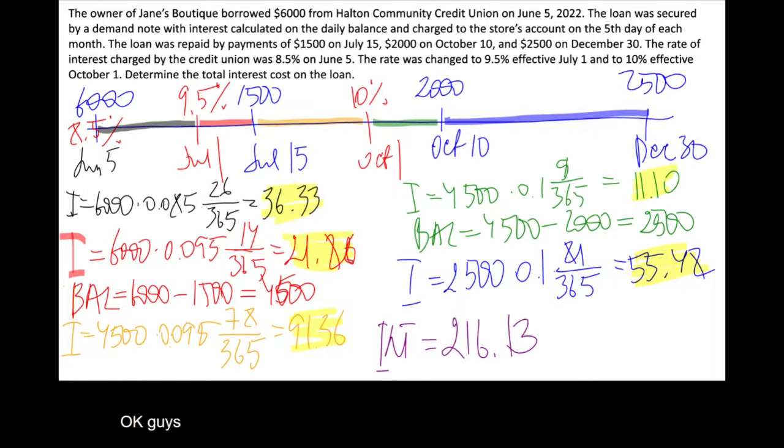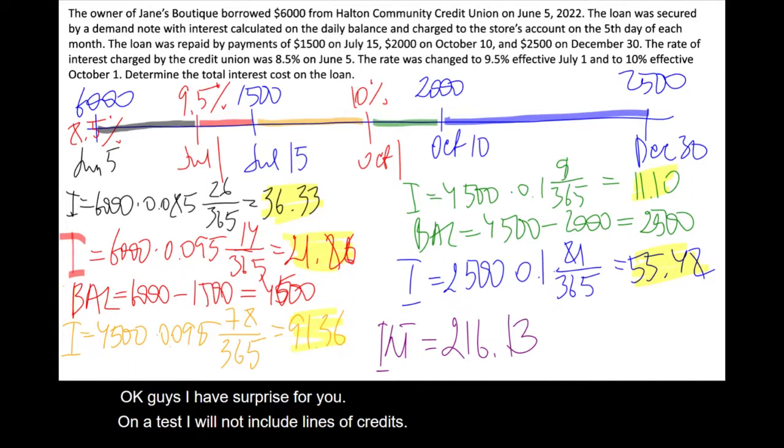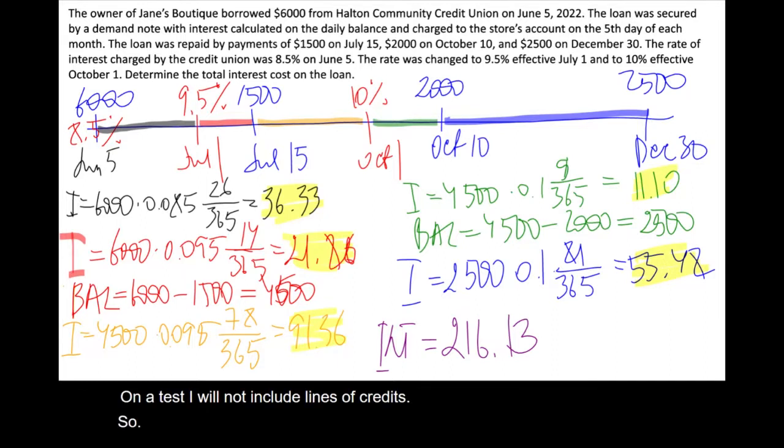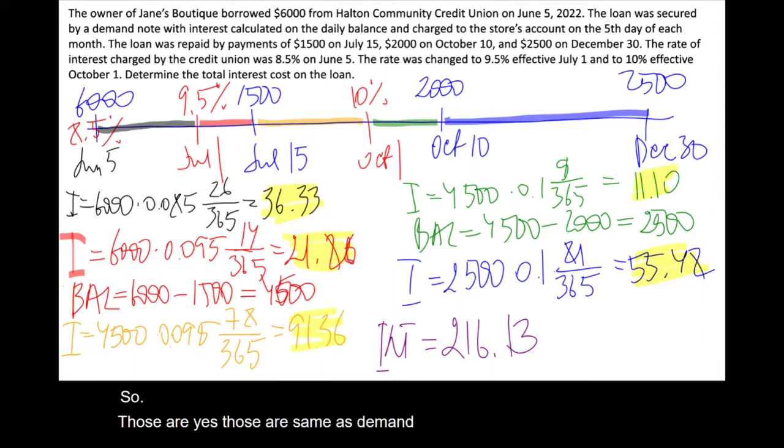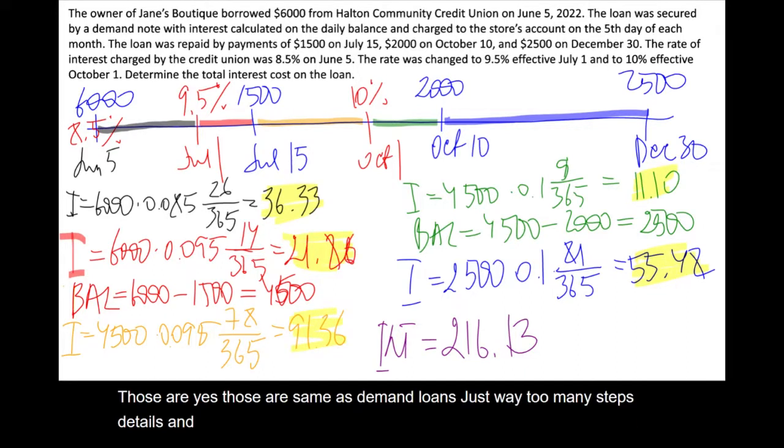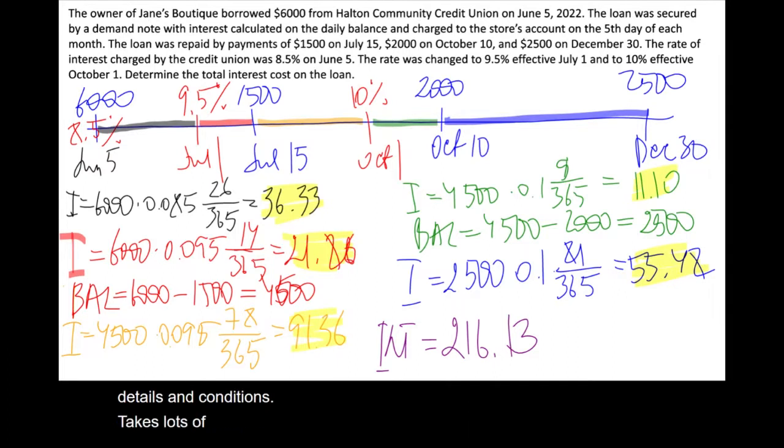Okay guys, I have a surprise for you. On the test, I will not include lines of credit. Those are the same as demand loans, just way too many steps, details and conditions, and it takes lots of time, but it's testing the same demand loan declining balance approach.